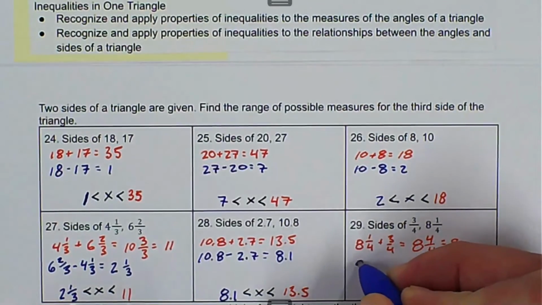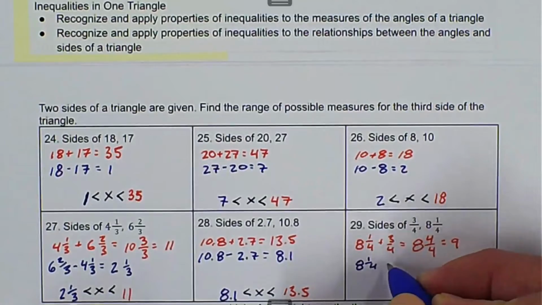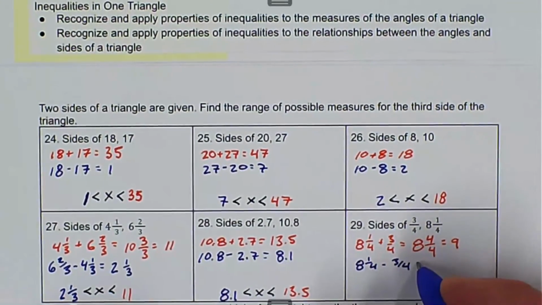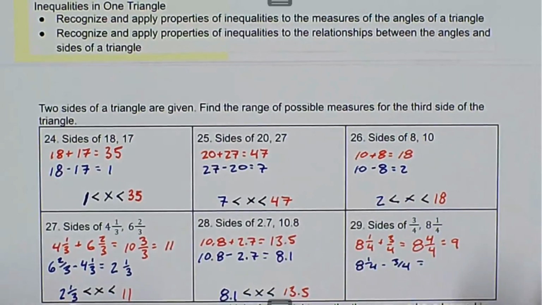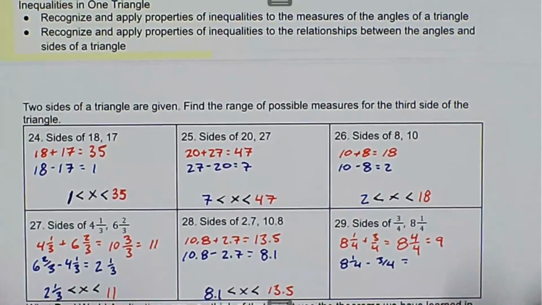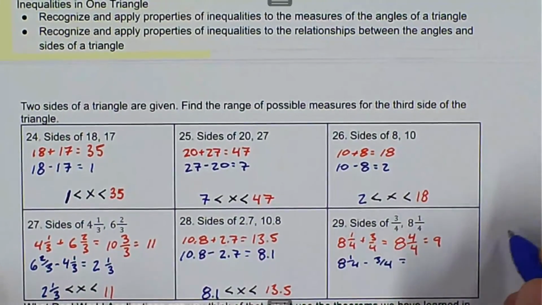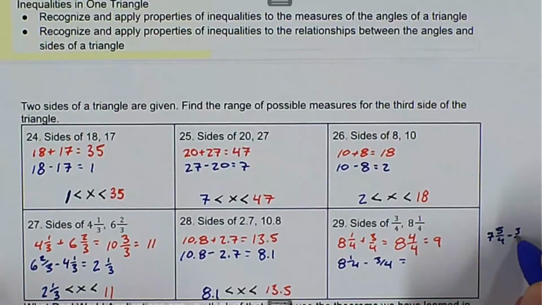Next, we have 8 and 1/4 minus 3/4. That is going to be equal to, we can show a little work over here in the margin. We can borrow 1 from the 8. So that becomes 7 and 5/4 minus 3/4.